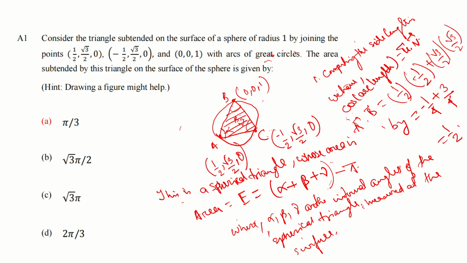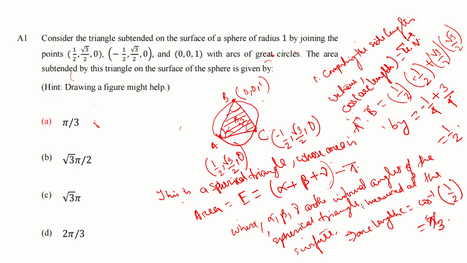The arc length, therefore, the arc length C equals cos inverse half, equal to pi by 3.